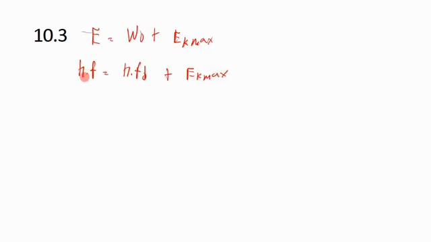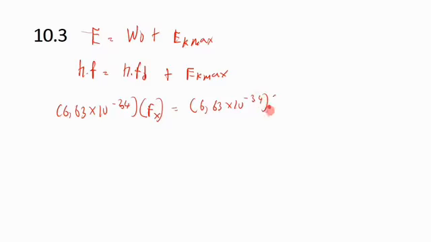So let's start substituting. Planck's constant here is 6.63 times 10 to the exponent of negative 34, and then the frequency that we are looking for is this one, right? Remember, that's not the threshold frequency, so let's label it fx. And then here again we have 6.63 times 10 to the exponent of negative 34, and then what is our work function?